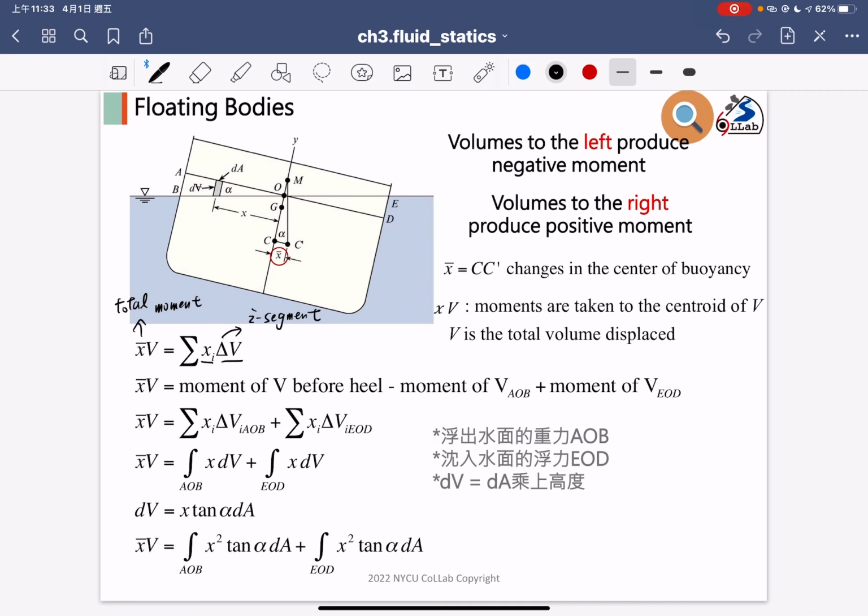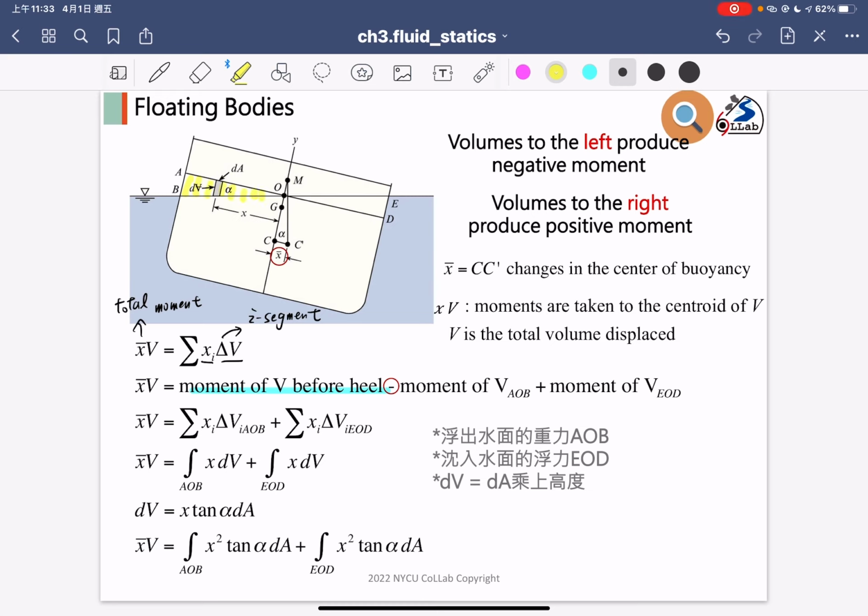Okay, so the next is we write down two terms. The moment of the V before the heel, and minus the moment of the VAOB. Why the minus? Because where is the VAOB? The VAOB is in here.